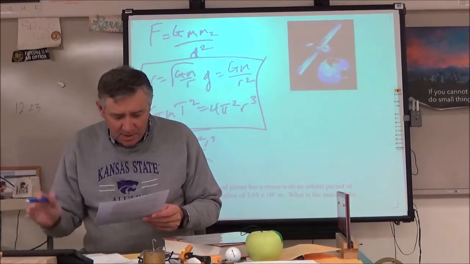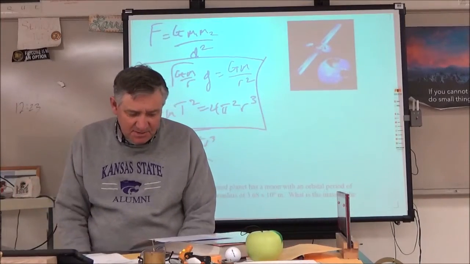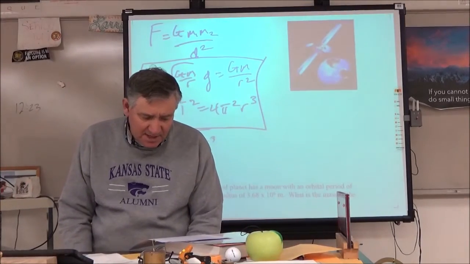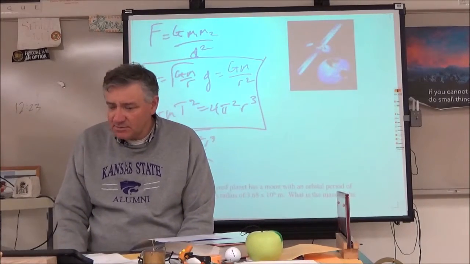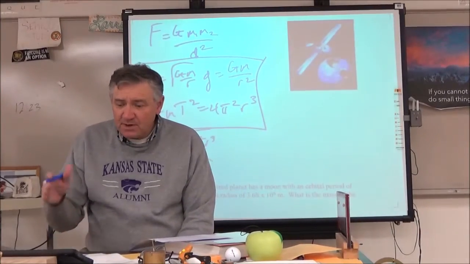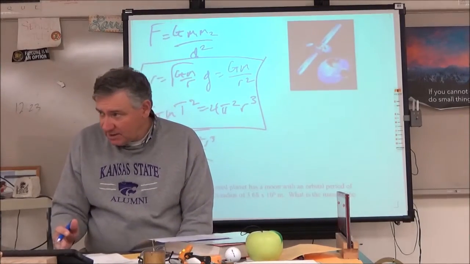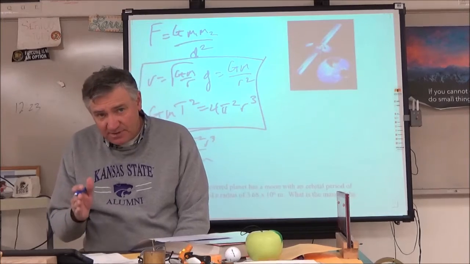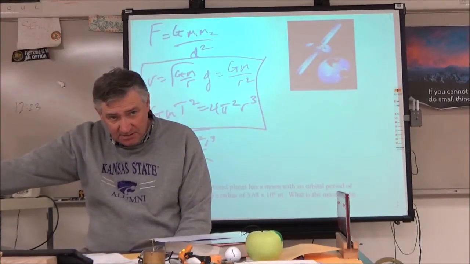For example, on number 8, you have to determine the approximate speed of the lunar command module moving in a circular orbit at a height of 72 kilometers above the surface of the moon. I gave you the radius of the moon. You've got to take those 72 kilometers and add that to 1738, because it has to be from the center of the moon out to wherever that object is.